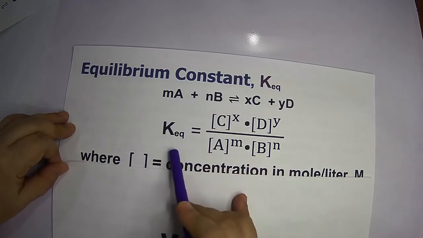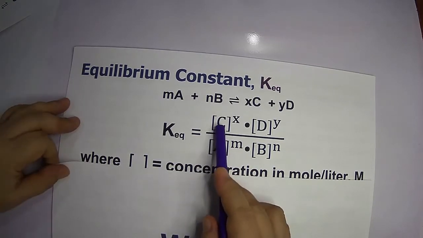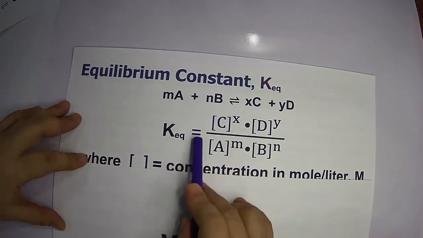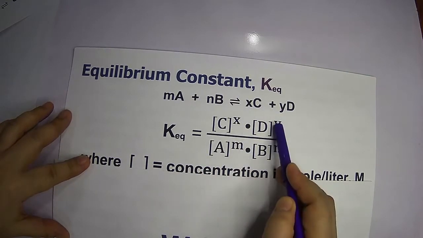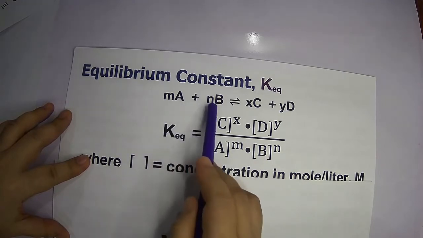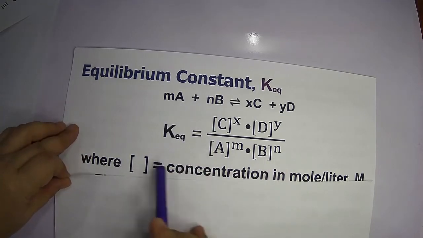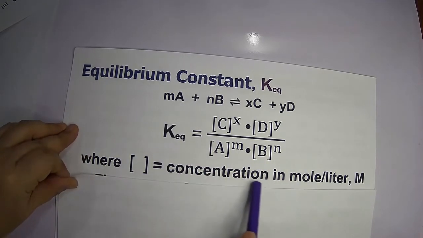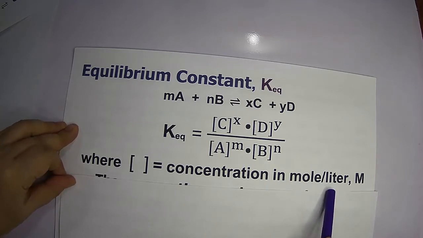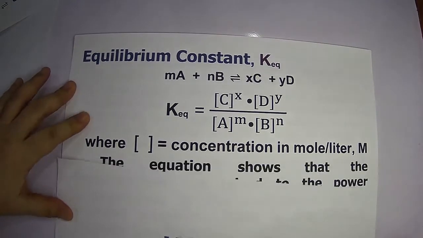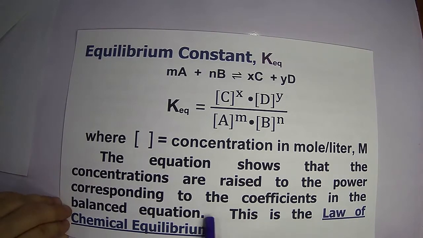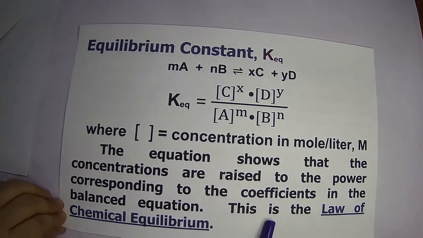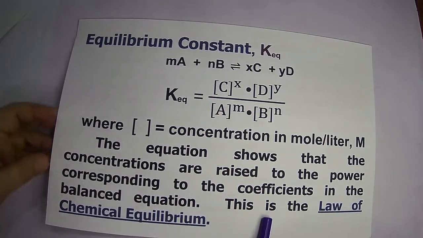So writing the Keq from the derivation from a while ago, we have the product raised to the respective coefficient over the reactant raised to its coefficient, where the bracket is a concentration in moles per liter. So the equation shows that the concentrations are raised to the power corresponding to the coefficient in the balanced equation. And this is the law of chemical equilibrium.